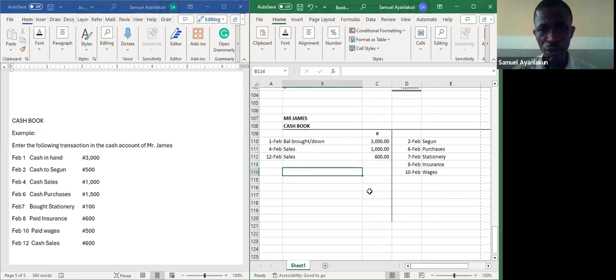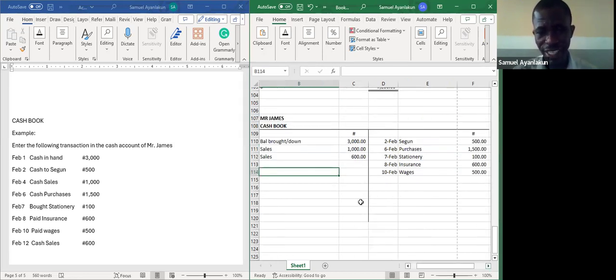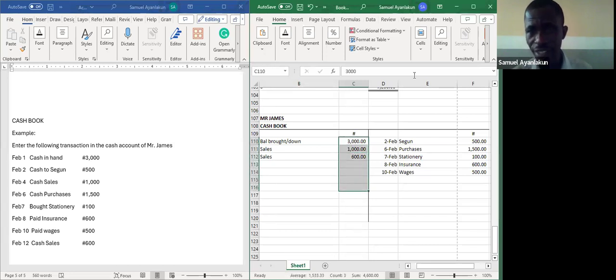Now know the amount of cash you have as at the end of February. The summation of these is 4,006.